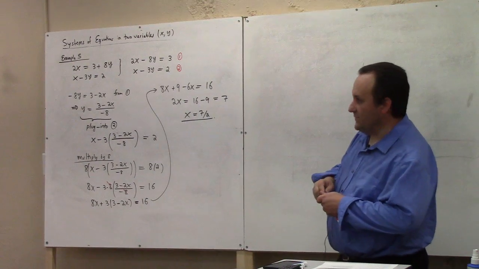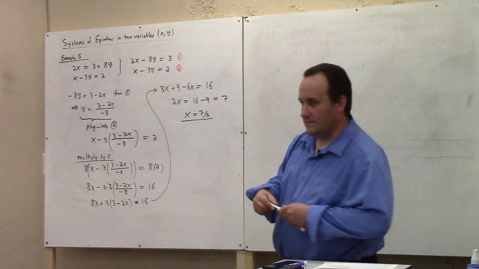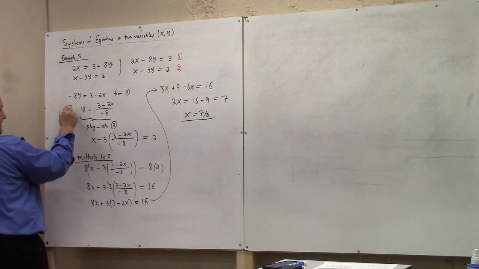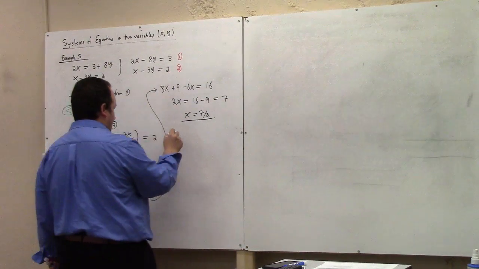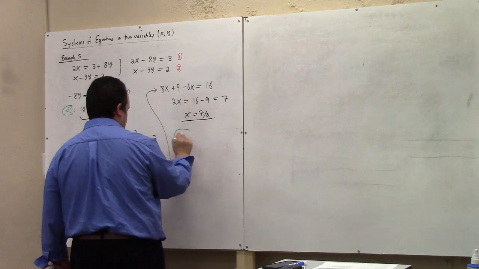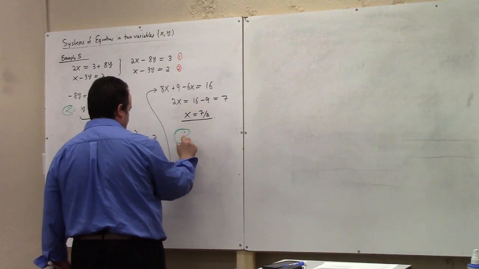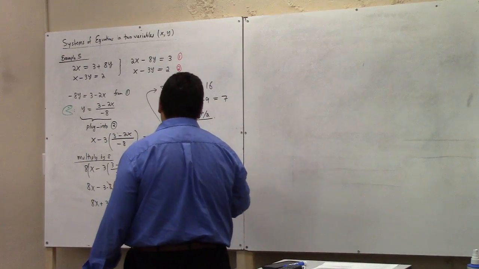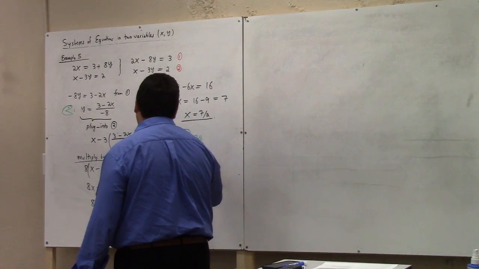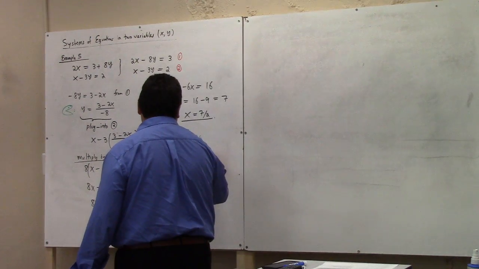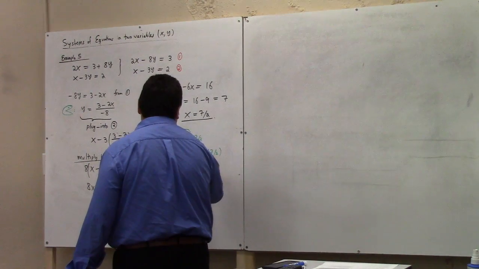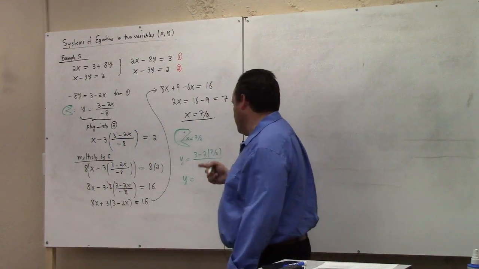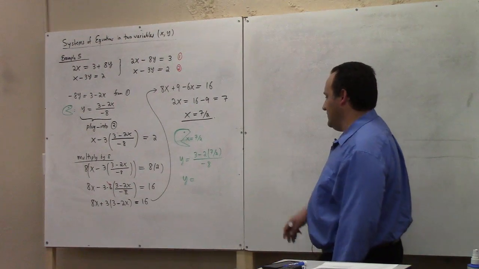And then I would suggest we go back to the Pac-Man and feed Pac-Man. X equals 7 over 2. Num, num, num. And when you do that, you get y is equal to 3 minus 2 times 7 over 2 over minus 8, which is to say that y is equal to, the 2s cancel, 3 minus 7 is what?